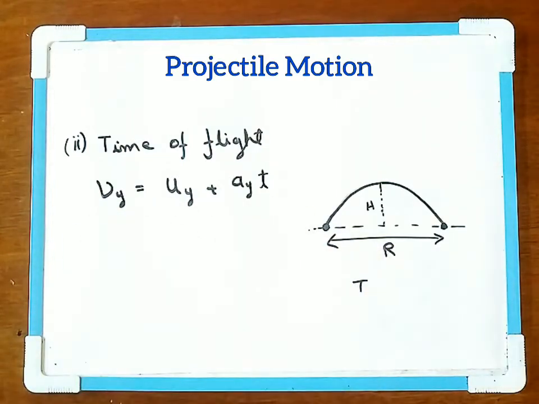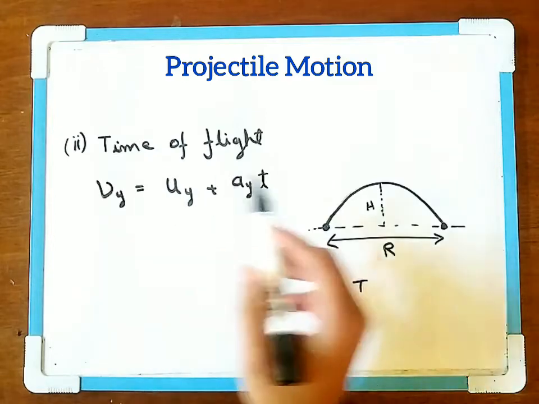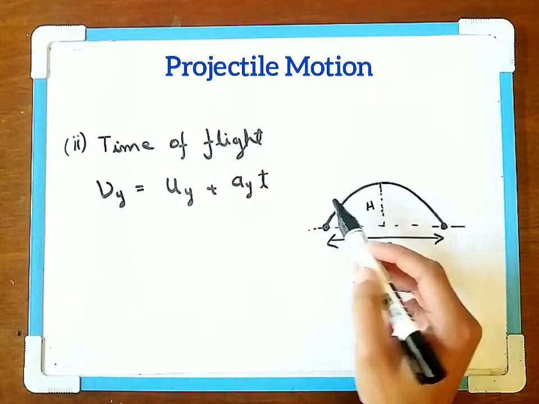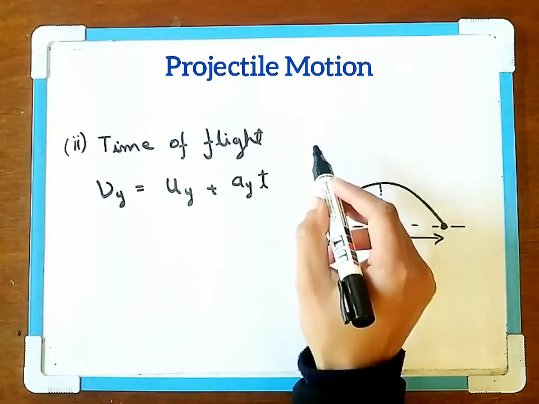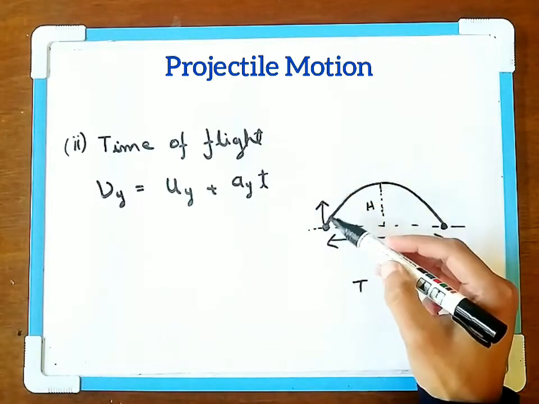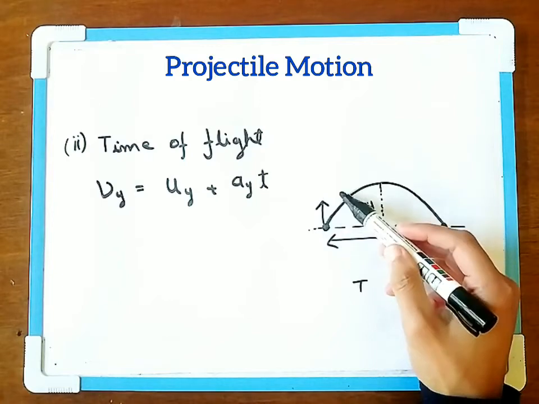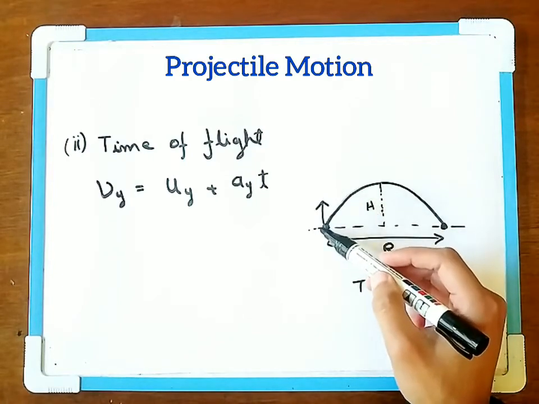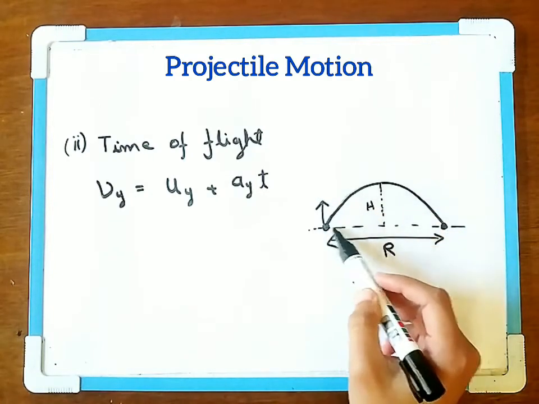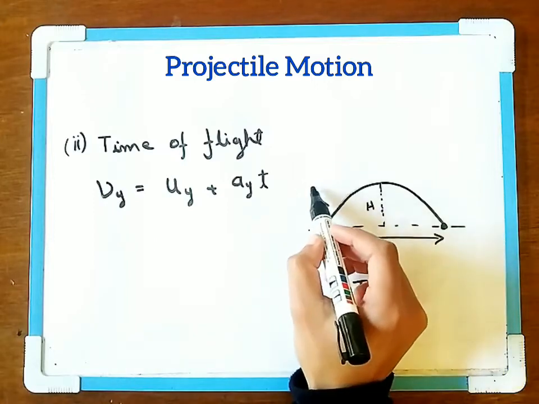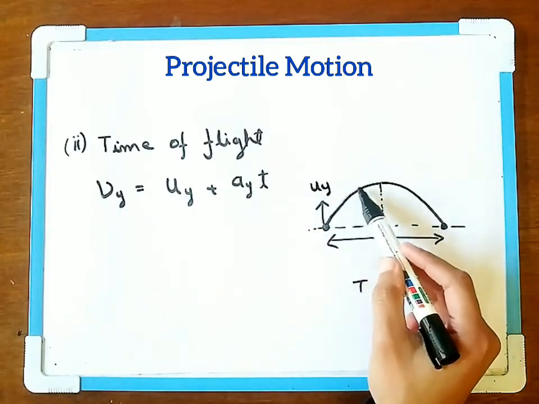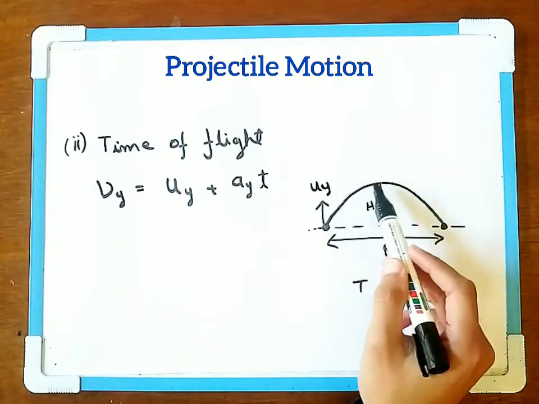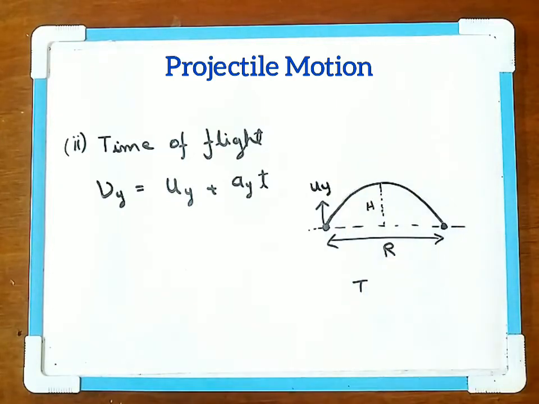So this is one of the equations of motion, and this is taken along the y-axis. Vy is the final velocity, Uy is the initial velocity starting from this position. This will be your Uy, the velocity in this direction. Remember, the initial velocity is in this direction. We'll have to split it into Uy and Ux. So this Uy is in this direction. Now Vy is the velocity at any point of time in the path of the projectile.